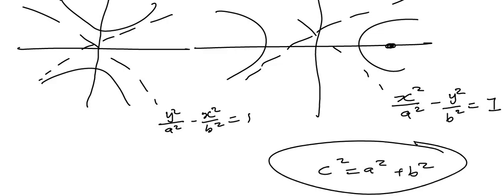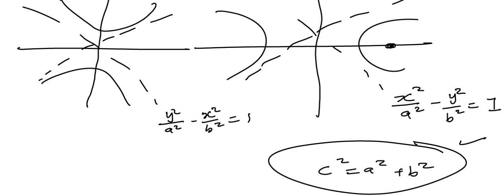This is a must. You must know this. Differentiate it from the previous one, the ellipse, where a, the number which is under the major axis, either x or y, is the longest side. So it was a squared is equal to b squared plus c squared. But here, c, which is the foci, is the longest side.